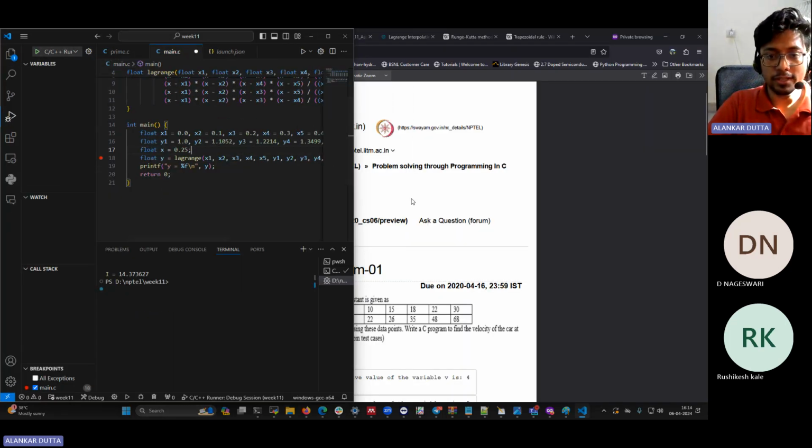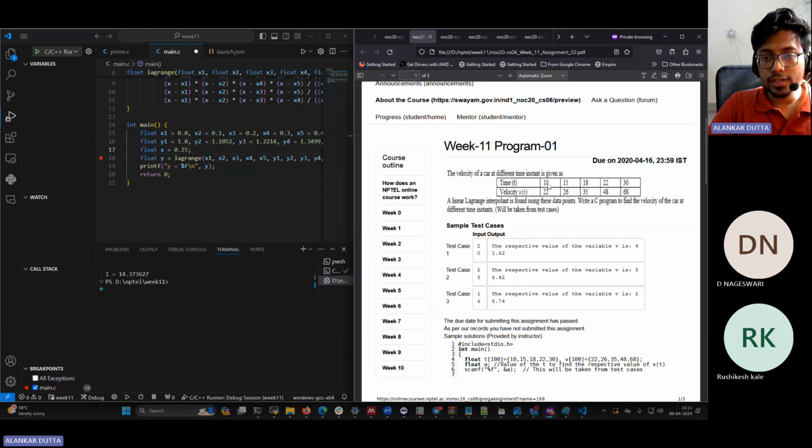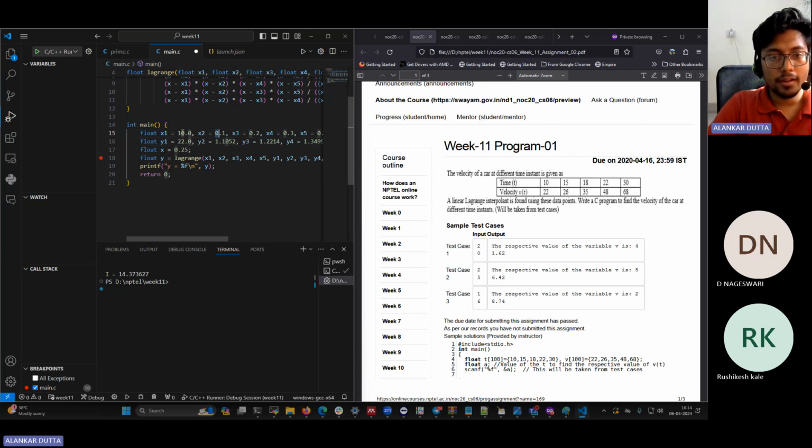Once the base of the function is ready, let's put in the values. So it's 10, 22, 15, and so on.